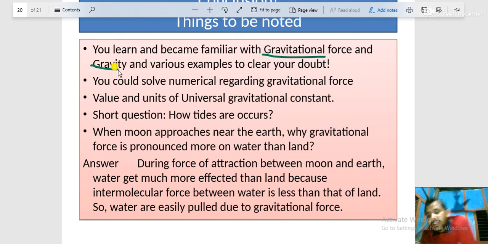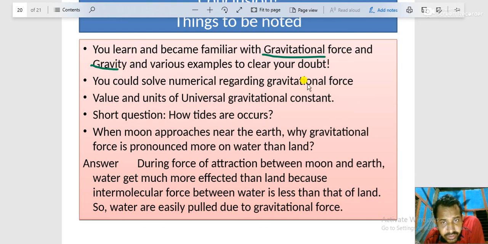Gravitational force means if there are two masses, then there occurs a gravitational force, and gravity is the example of our special type of gravitational force between a heavy object or a large mass and a small object on the surface of those objects, just like a planet and an apple, or planet and a pin, or planet and a man or a house, whatever. But there should be a big planet, or you can see the moon also, natural satellites, and an object. That is the case of gravity.